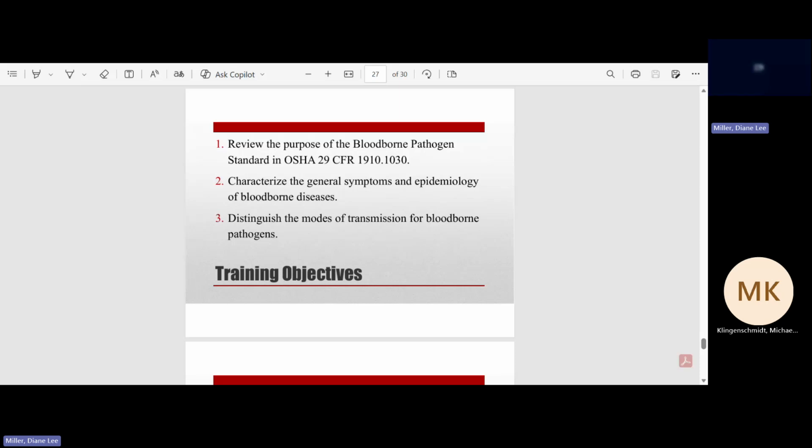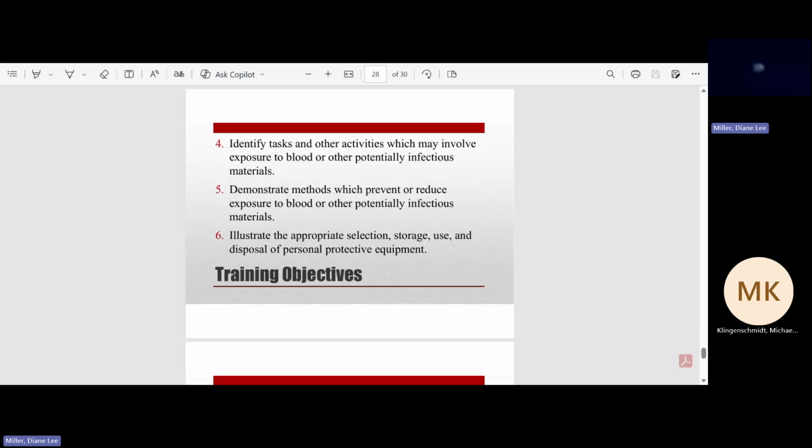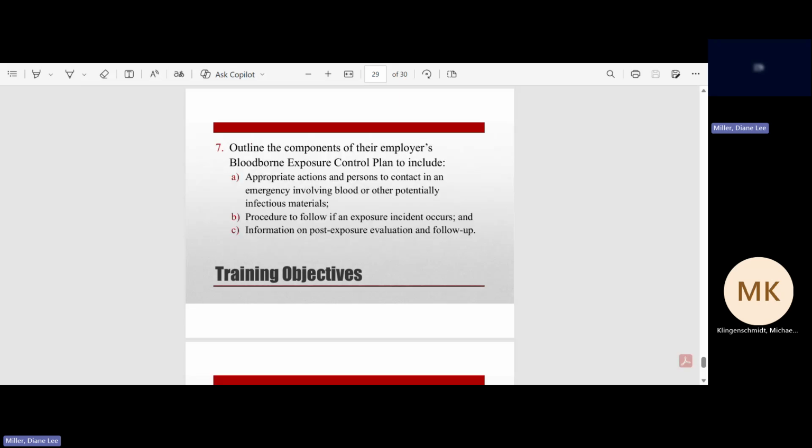We have distinguished the different modes of transmission for bloodborne pathogens, identified tasks and other activities which may involve exposure to blood or other potentially infectious materials, demonstrate methods which prevent or reduce exposure to blood or other potentially infectious materials. We've illustrated the appropriate selection, storage, use, and disposal of personal protective equipment. And finally, we will be outlining our employer bloodborne exposure control plan.